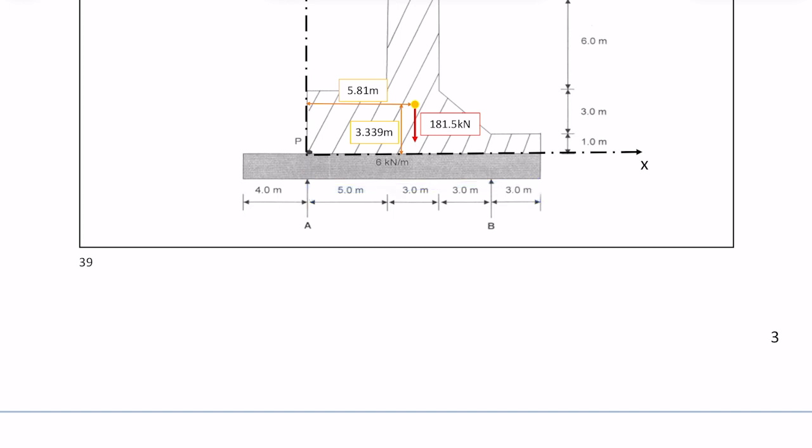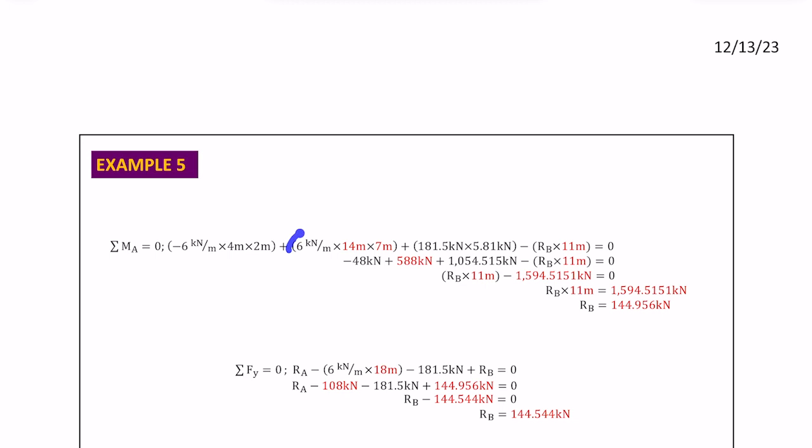So 5 campur 3 campur 3 campur 3, jadi 14 meter. And from the centroid to A should be half of that 14 meter, so 7 meter. It is 6 kilonewton per meter, and plus because of clockwise, times the length of the beam 14 meter, and distance from centroid is 7 meter.